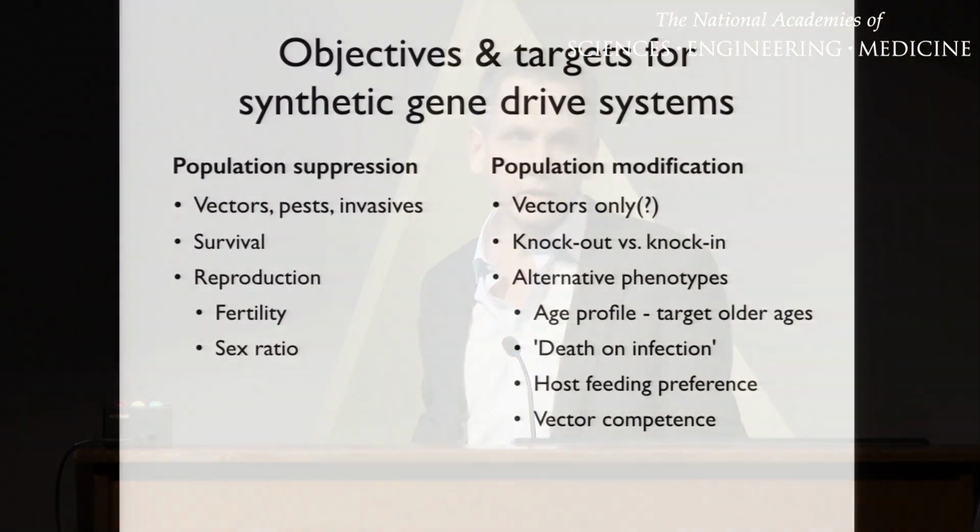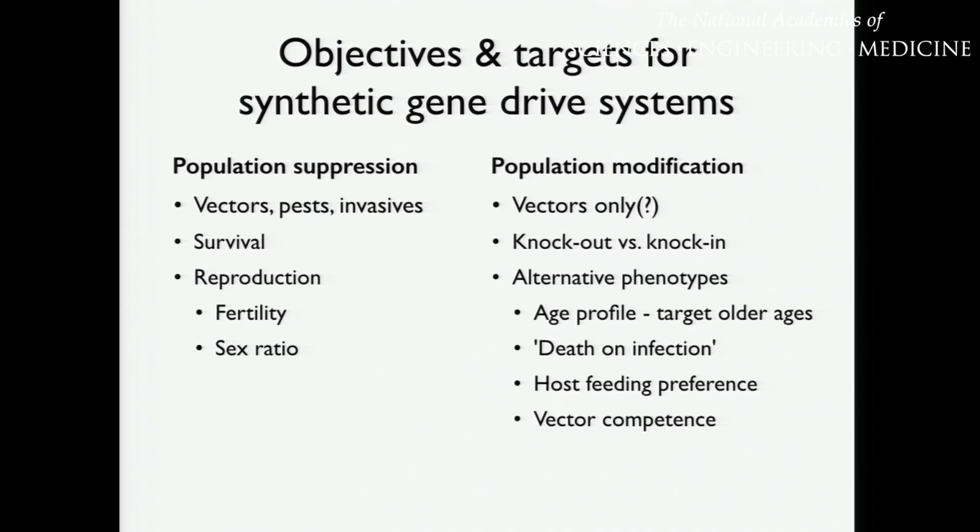The alternative large class of potential interventions is population modification, which is usually talked about in the context of disease vectors and less so in the context of agricultural pests or invasives. This is where you're leaving the numbers of the pest species more or less intact, but changing them such that they're less harmful, less able to transmit the disease, for example.